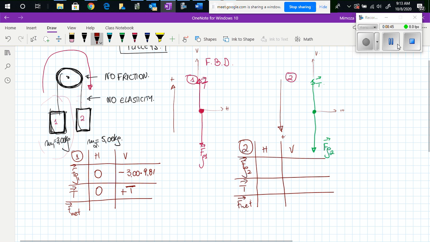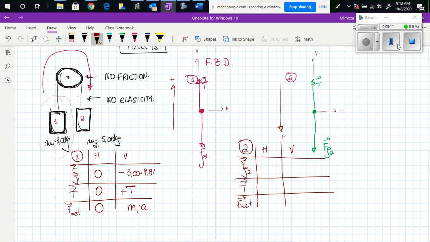Therefore, since the acceleration in this direction is equal to 0, then the net force in that direction is equal to 0. And since the object is moving in the vertical direction, because we see that it's going up, then the net force will be mass 1 times acceleration.